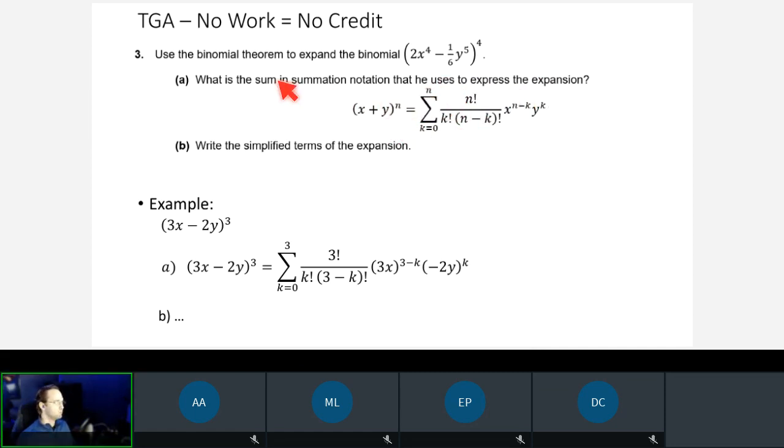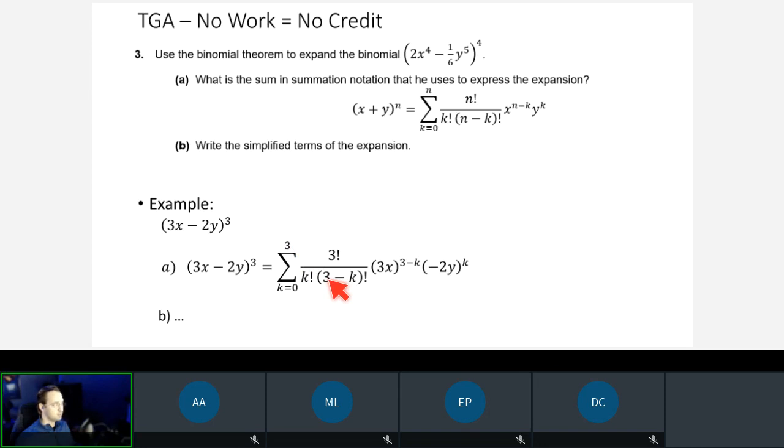So to get full points in part A, I am showing you the example of what I'm looking for. For example, if the expansion was for (3x minus 2y) to the third power, you would just say this equals, and then you're plugging in, K is always going from 0 to 3, because that is the exponent. Wherever you see n, you're putting in that 3.